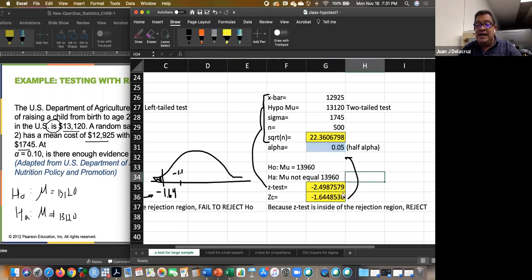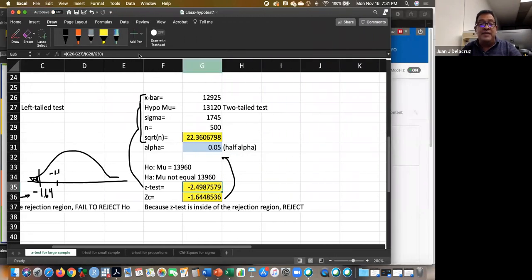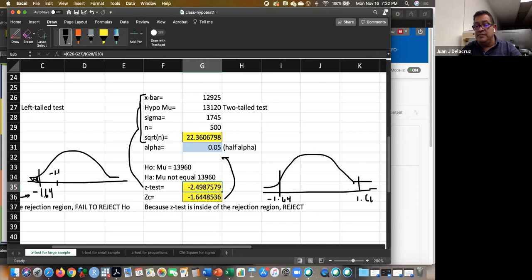In this case, I have the critical value and I have the z-test that comes from my information here. So I have the standardized normal, with a two-tailed test. One side here is minus 1.645, and this side is 1.645.